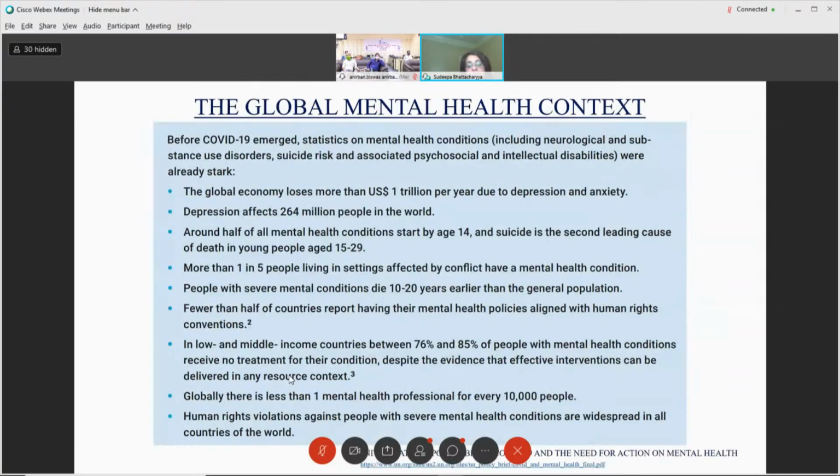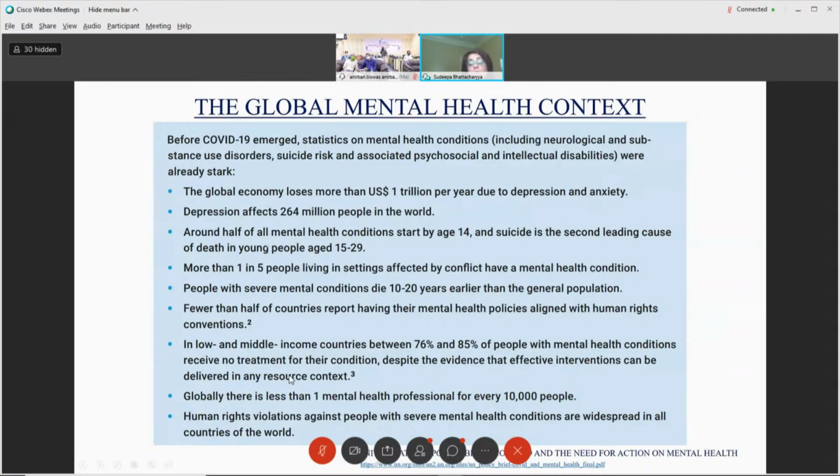So this is a United Nations policy brief during COVID-19, and I just want to highlight two points here. The global economy loses more than $1 trillion per year due to depression and anxiety. And it affects around 264 million people in the world. Actually the number is more; according to our data, it's around 300 million.